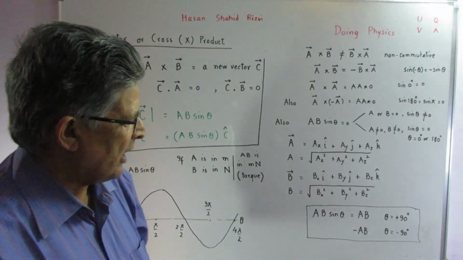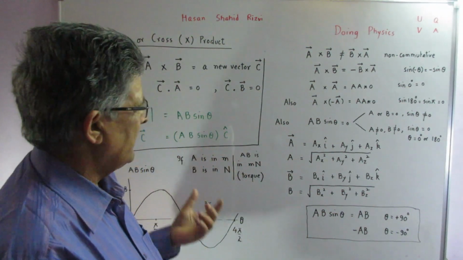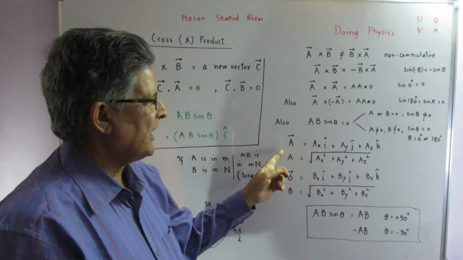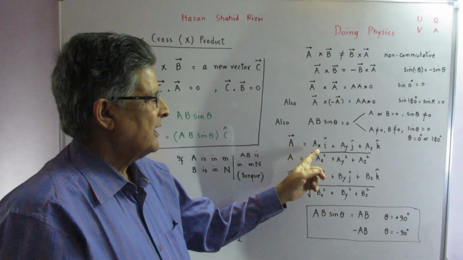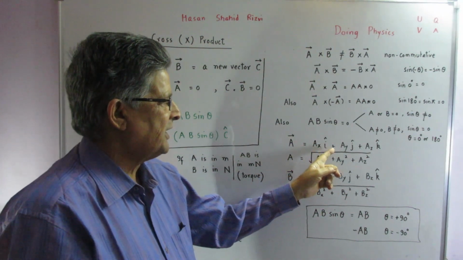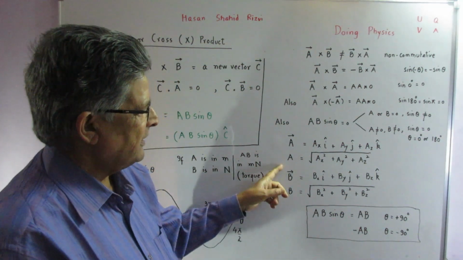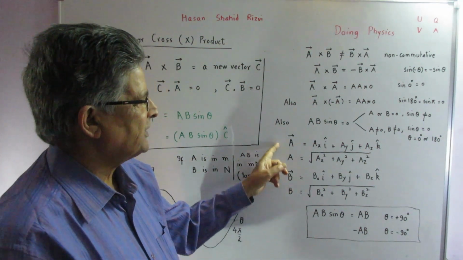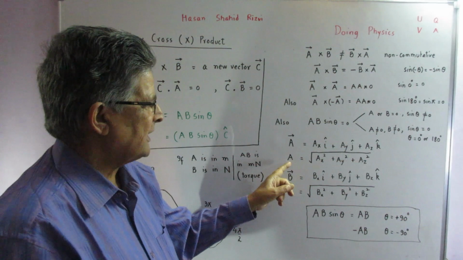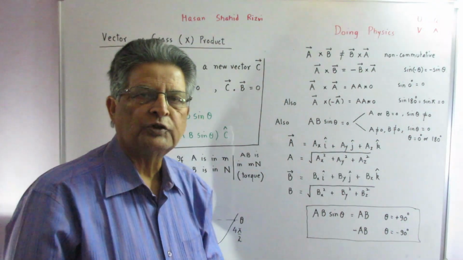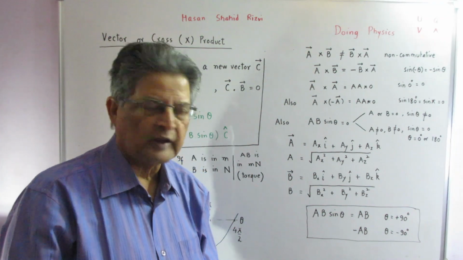Now, allow me to write this vector A as per the definition that I gave you: component Ax i cap plus Ay j cap plus Az k cap, wherein, as I told you before in the case of the dot product, the magnitude A will turn out to be equal to under root of Ax squared plus Ay squared plus Az squared.